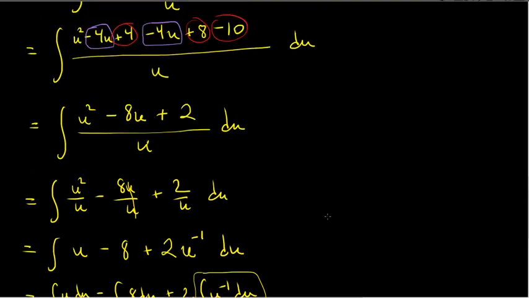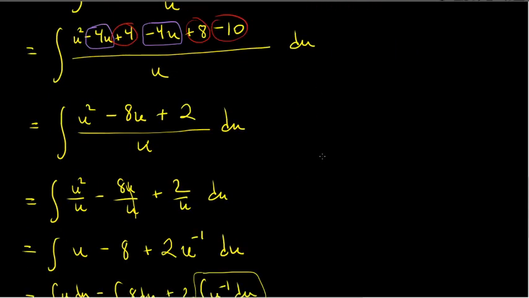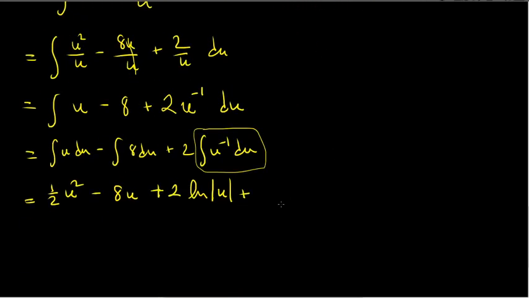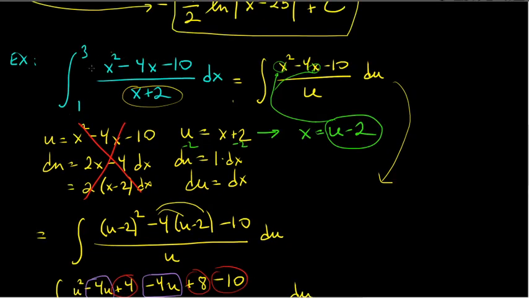Hang on. I forgot this was definite. This is 1 to 3, right? Oops. So, yep, we don't need a plus c. We have to plug in, not the 1 and the 3 here, because that's x, right? This is x equals 1 and x equals 3. When you switch to u's, what are the values of u going to be? Well, u is just x plus 2.